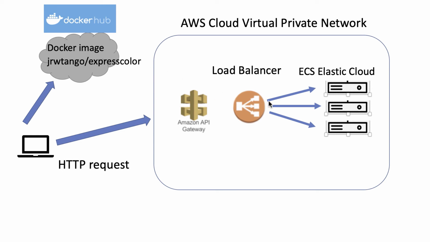Then we did a deploy of the CDK, and this created an API gateway for us, a load balancer, and we had a maximum of 3 machines, and we saw there were 3 machines spun up. And we deployed the Docker image to a Docker container on each of these 3 machines, and we were exposing port 3000 on those.